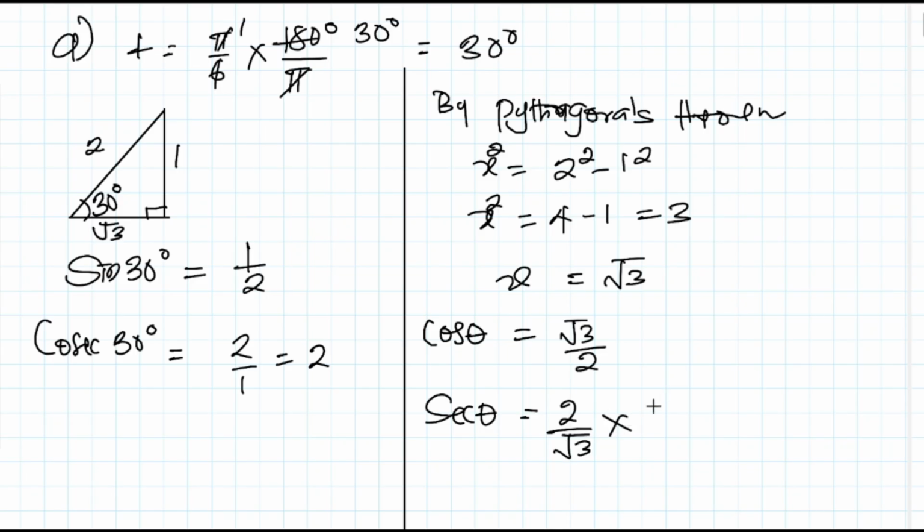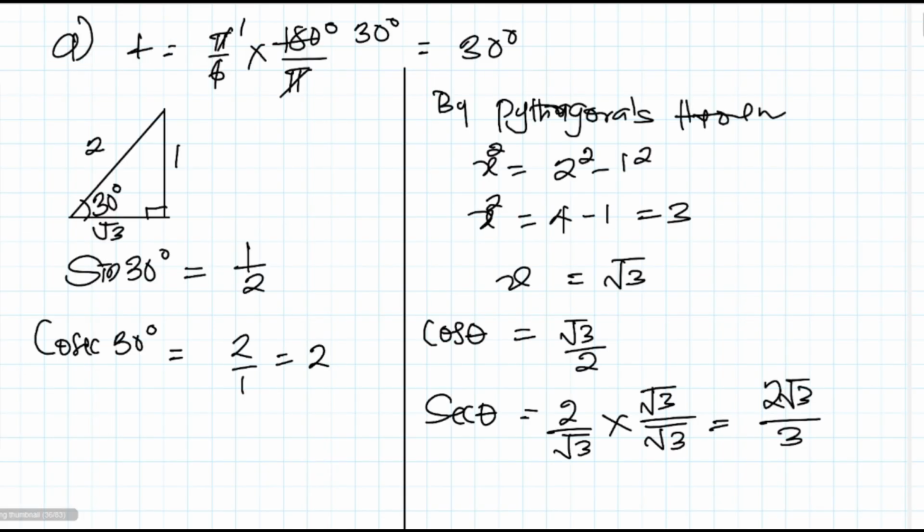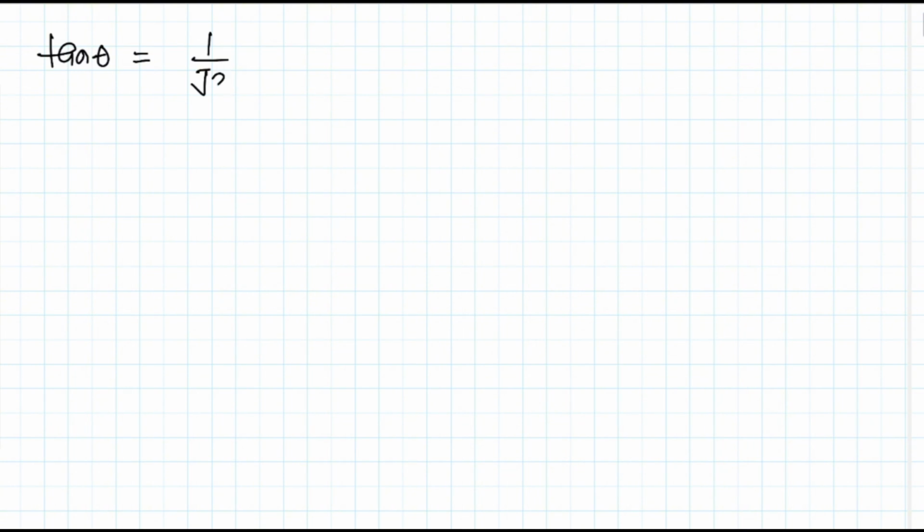So we can't leave the answer like that. We rationalize the denominator. So that will be 2 root 3 over 3, and we have cot theta. Tan theta first, which is 1 over root 3. Rationalizing, we have root 3 over 3, okay?